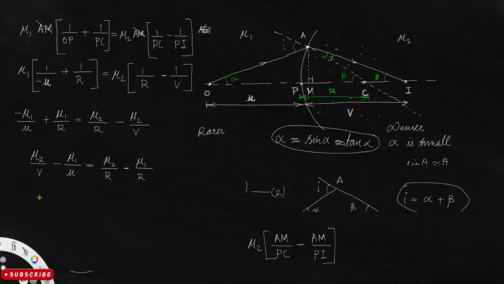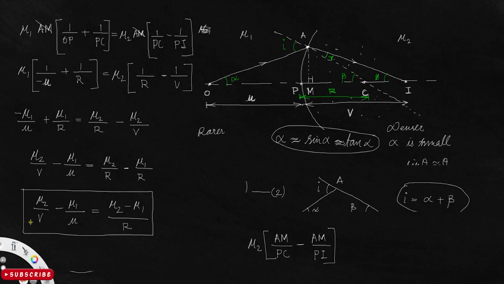This r is common, so I can write mu2 minus mu1 whole divided by r. So this is the expression for the relation between the image distance, object distance and the radius of curvature for a convex spherical surface. Clear?